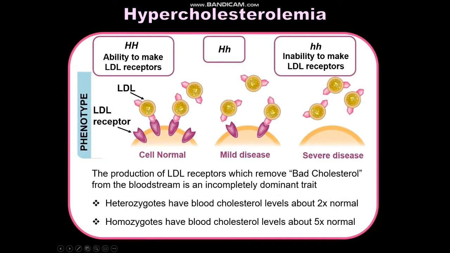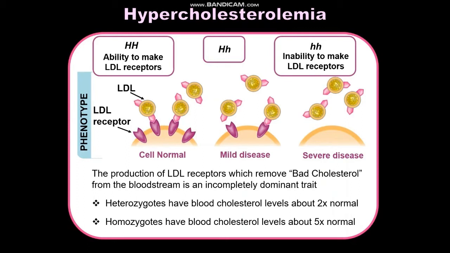In humans, we have a form of incomplete dominance in our genes for receptors that take cholesterol back out of our bloodstream. So you might have a condition which is called hypercholesterolemia, which means that you do not pull as much of the low-density lipoproteins, the bad cholesterol, out of your bloodstream as you ordinarily should.